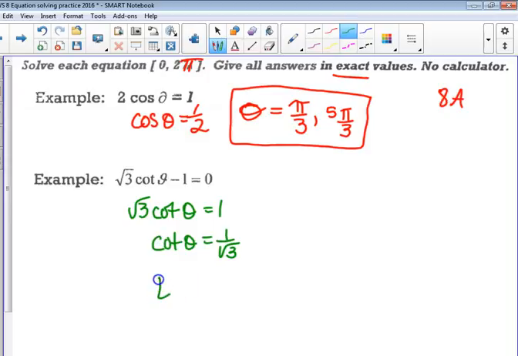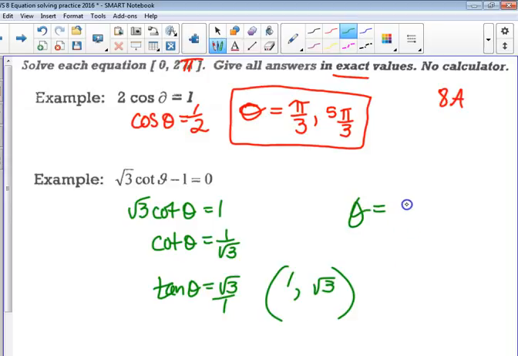When you flip both sides over, you get the tangent is what? So I'm looking for something that has a square root of 3 and a 1 like that. So pi over 3, but this time be careful. We need another positive place. Tangent needs to be positive.